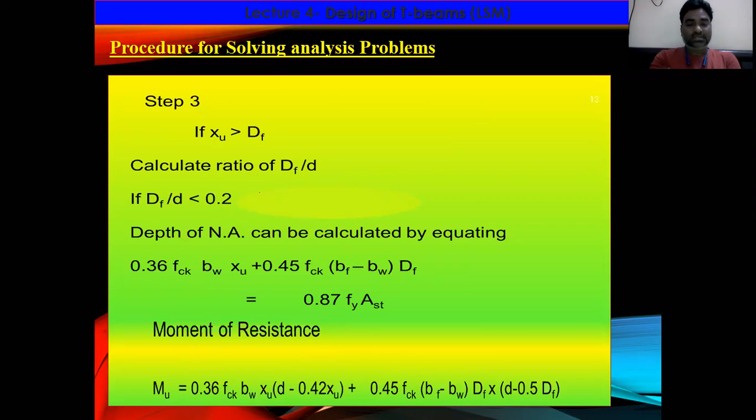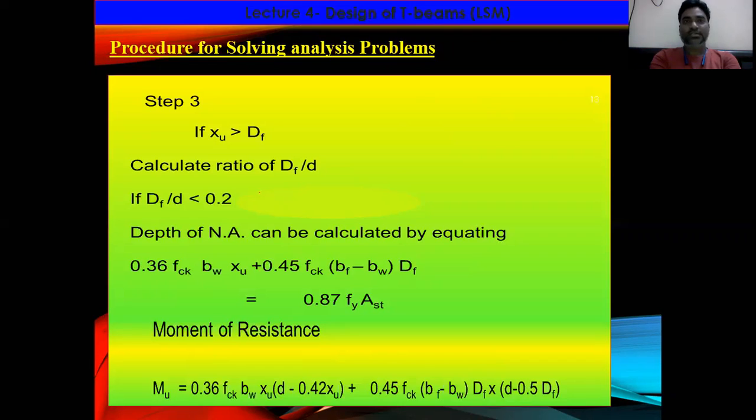What it represents? If df by d is less than or equal to 0.2, the stress within the flange is uniform, that means the rectangular portion is uniform. If df by d is greater than 0.2, then the stress distribution along the thickness of the flange is not uniform.